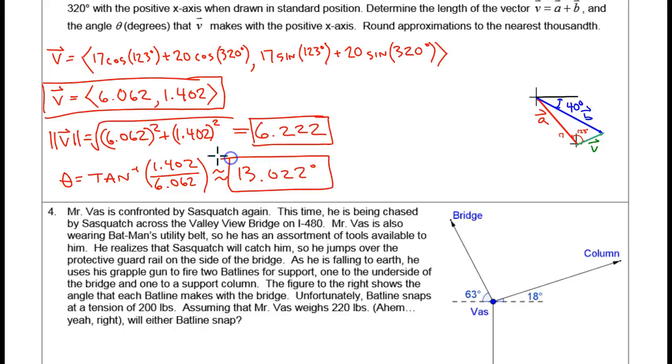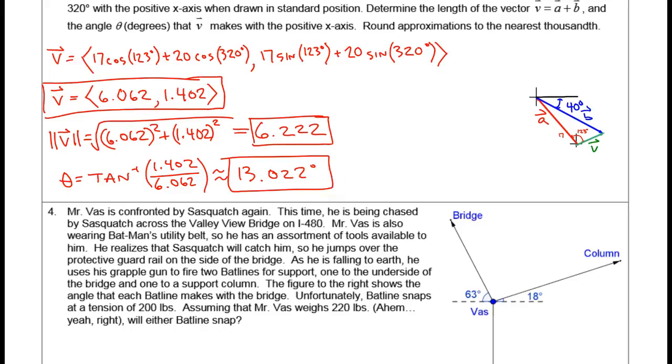And folks, really, to measure something to the nearest thousandth of a degree is kind of ridiculous. I think the most I'll ask you for on a test is the 10th or 100th place. To be honest, I'm not exactly sure what WebAssign asks for. Okay, so for the vector v, we have a magnitude of 6.222 and a direction of 13.022 degrees.